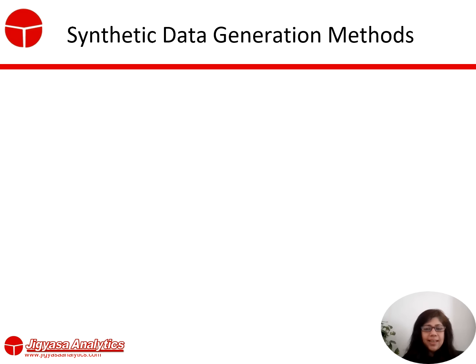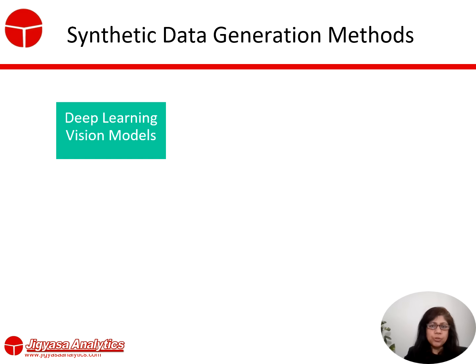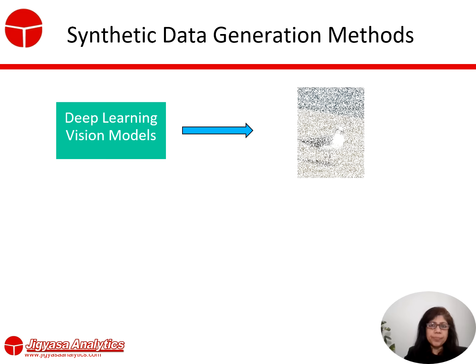Hello everyone, and thank you for attending this presentation. As Krishna mentioned, recent advances in artificial intelligence and deep learning models have significantly improved our ability to create good quality synthetic samples. For a few years now, deep learning vision models have been used to generate new images.